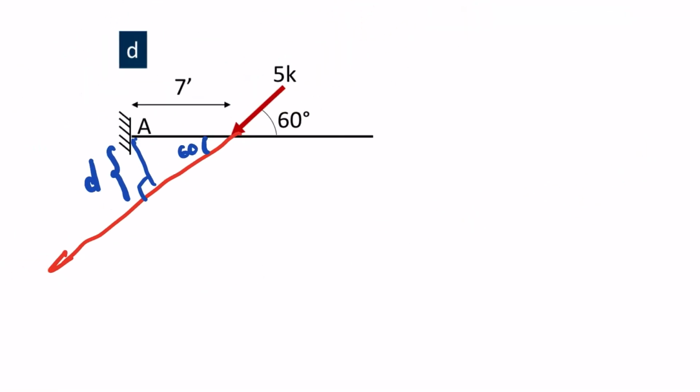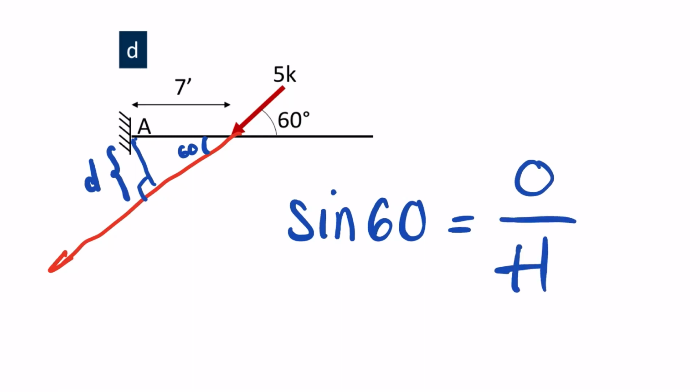So we know that sine of 60 equals opposite divided by hypotenuse. Opposite is the one we need to look for, we don't know, and the hypotenuse is 7. So if we want to find the opposite, then sine of 60 multiplied by 7 gives us the opposite.